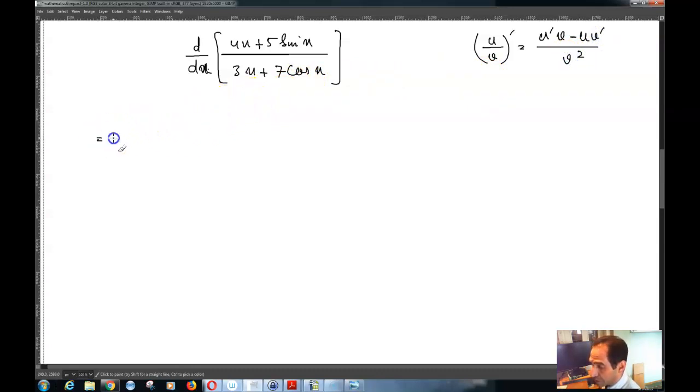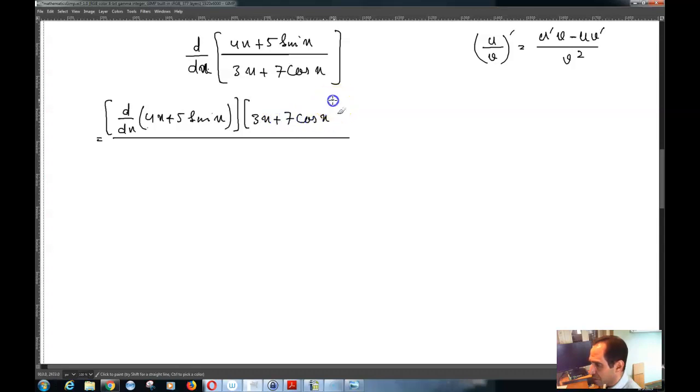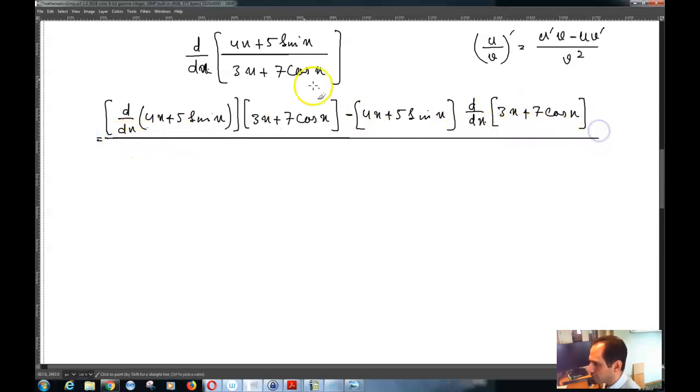So you can write this as d by dx of 4x plus 5 times sine x times v, which is this function over here, 3x plus 7 cos x, minus 4x plus 5 times sine x times d by dx of 3x plus 7 times cos x, over v squared, which is 3x plus 7 times cos x whole squared.